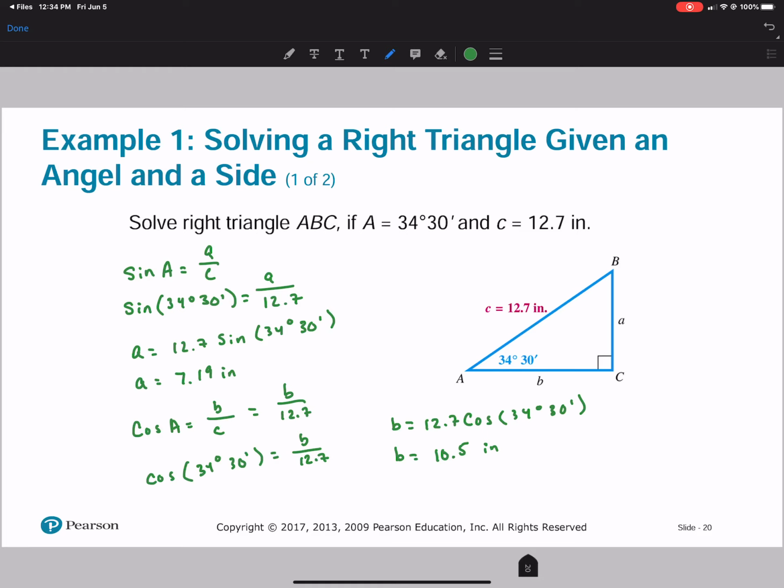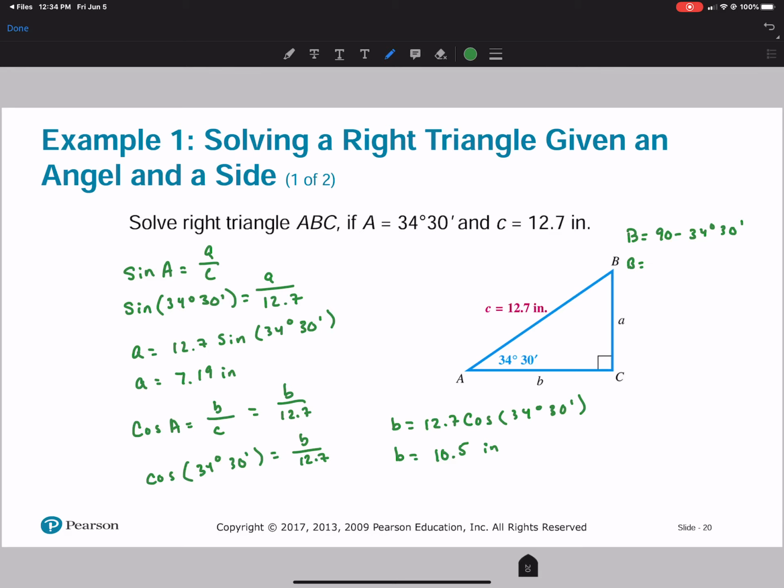Now, we still have one unknown. We need to find B. All the angles in a right triangle add up to 90 degrees besides the right angle, and we already know that C is 90. So B is 90 minus 34 degrees 30 minutes.